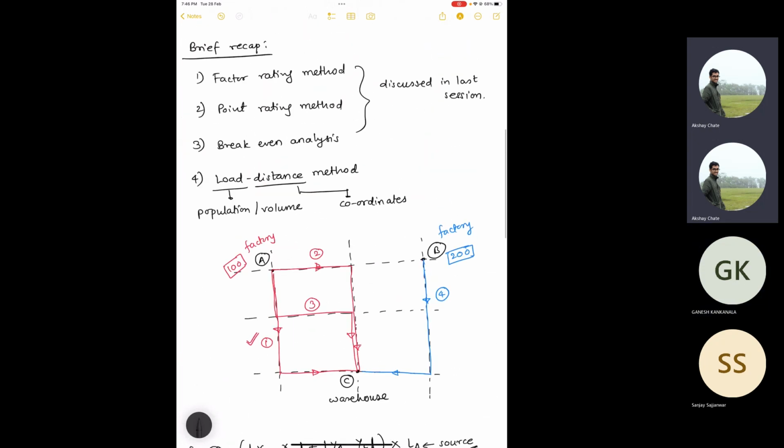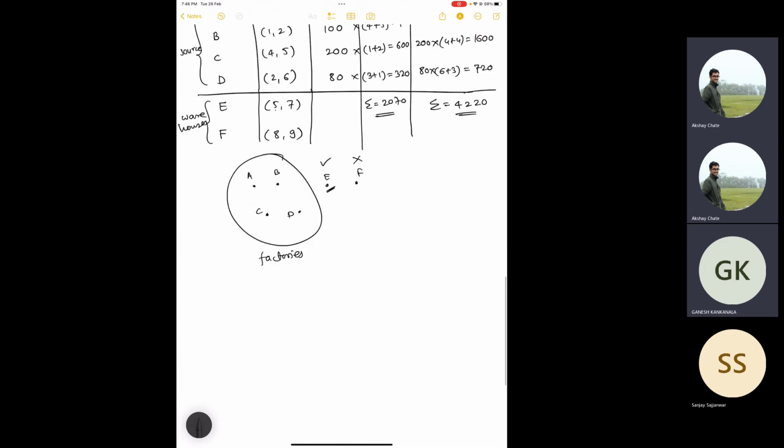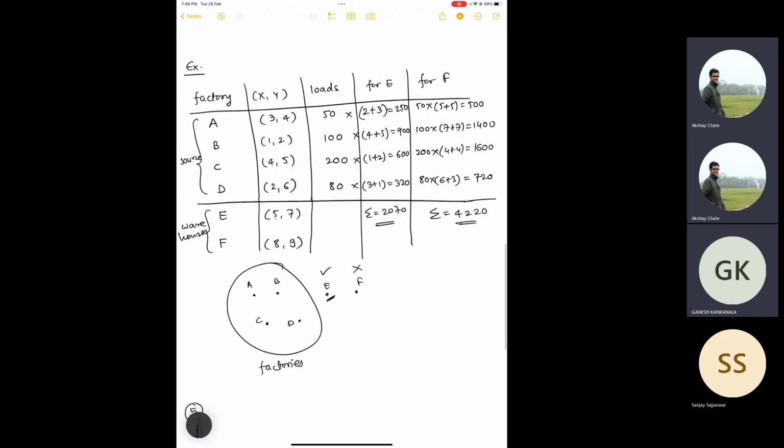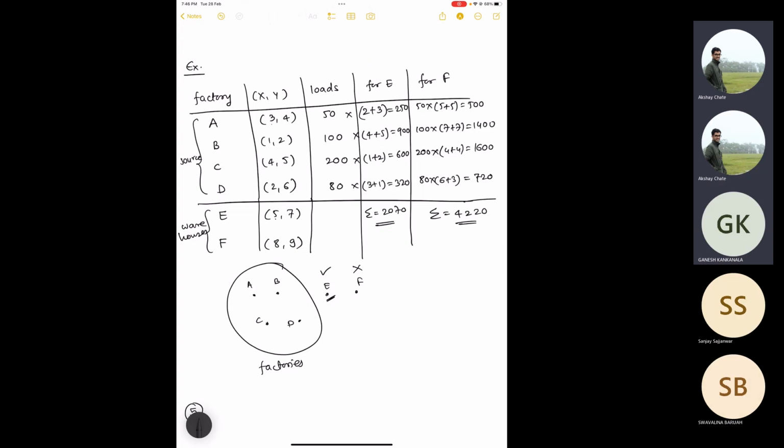Yes, sir. Last thing, sir. By the load distance method, what are we finally calculating? We take the summation of all the loads with respect to the distance coordinates, and lastly we are summing up to equal something, but I couldn't get that quite right.